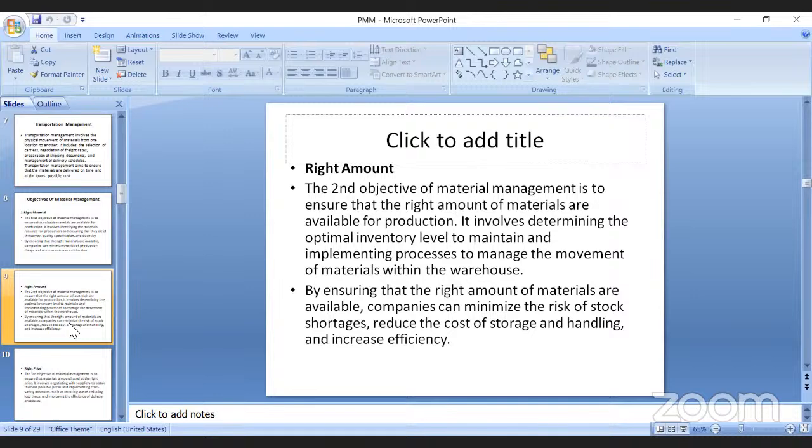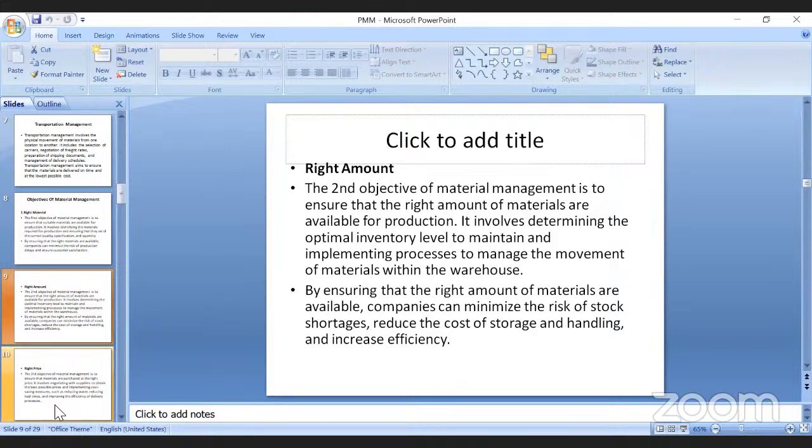First of all, you have to check whether the right amount is available. After ensuring the right amount of materials is available, companies can minimize the risk of stock storage. We are not overstocking. According to the production requirement, we are importing that much raw material for our production system.